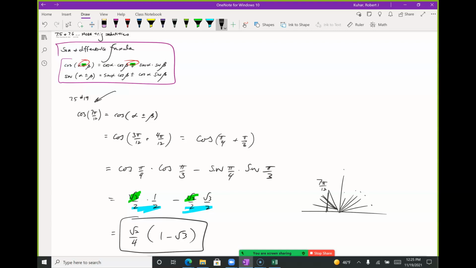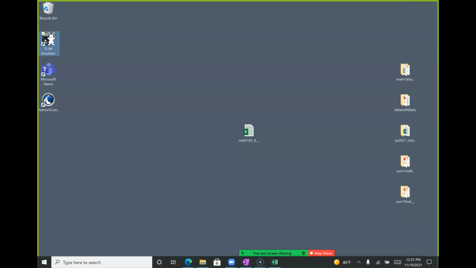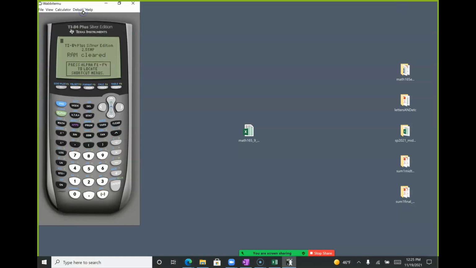Anybody want to see me check it on the calculator? Please. Yeah. So I'm opening my calculator here. It's a little bit hard to see. So I'm doing cosine of 7 times pi divided by 12, right? You can see that okay? So I get a negative, about negative 0.26.